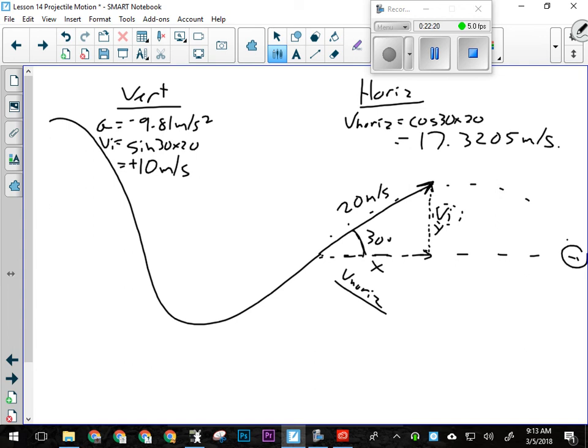I mean, knowing how high I go, that would be my vertical displacement. That's also important, but not so much for the placing of the pool, more for like how deep the pool needs to be so I don't die, okay, when I hit the pool. So right now it's just looking at where do I need to place the pool in order to land, at least to hit it. Okay? So I'm looking for a horizontal distance. If I want to find D, what else do I need?